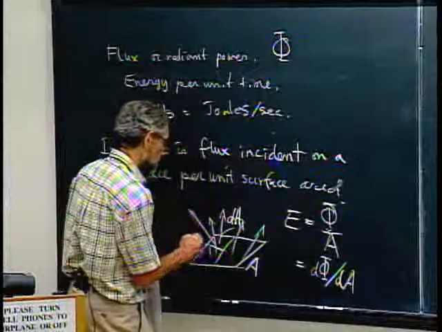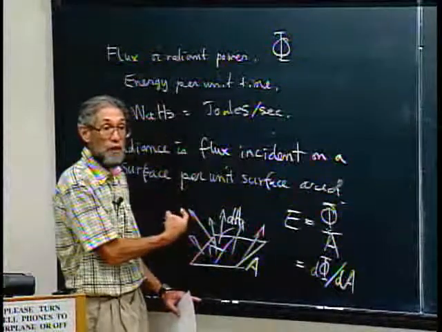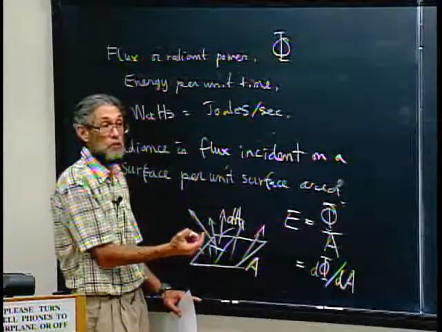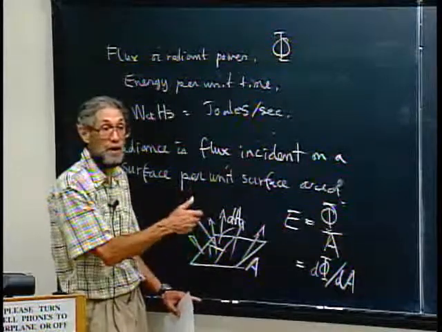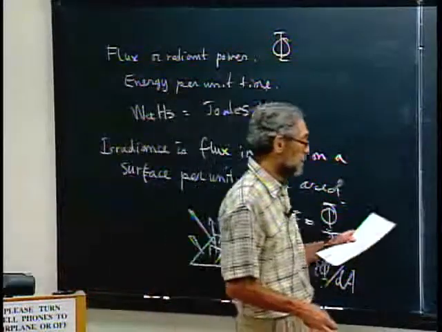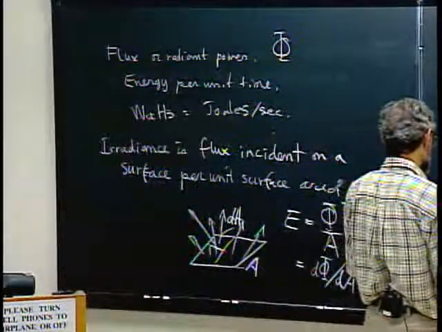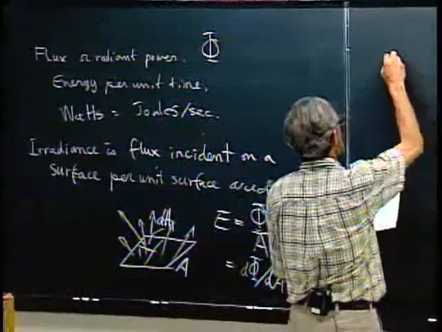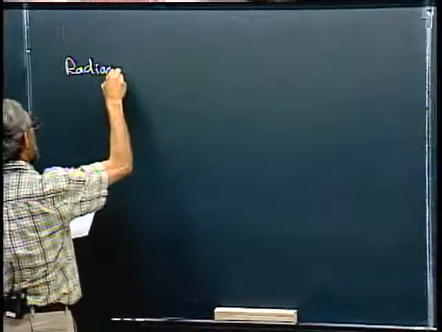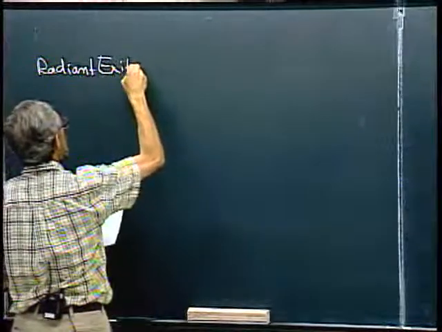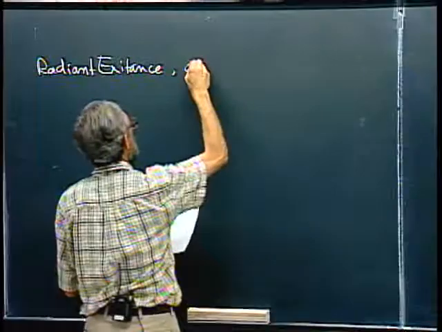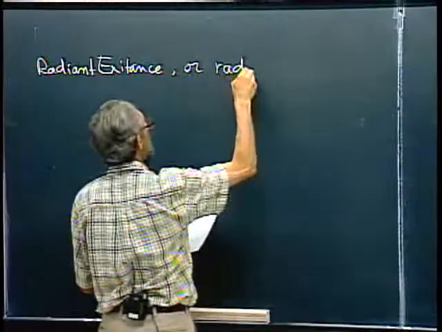There's also flux that can be leaving a surface, going in the opposite direction. It could be light came in and reflected, or it could be something like a fluorescent bulb or any hot surface, like a hot stove, that's emitting light. In either case, we have the radiant excitance leaving the surface. Another word for it that I'm more used to using is radiosity.